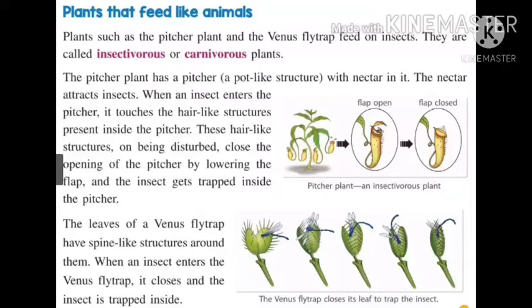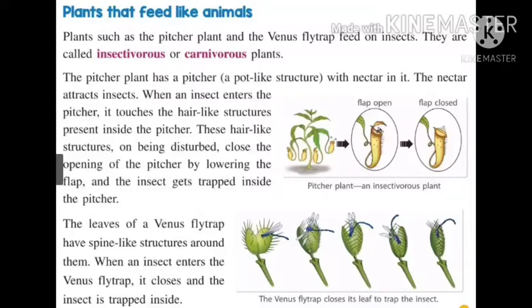Now let us know about the Venus flytrap plant. How do they catch the insects, or how do they trap the insects? The leaves of the Venus flytrap have spine-like structures around them. When an insect enters the Venus flytrap, it closes and the insect is trapped inside. So we can see the structure of the leaf of the Venus flytrap plant is very different from other plants.